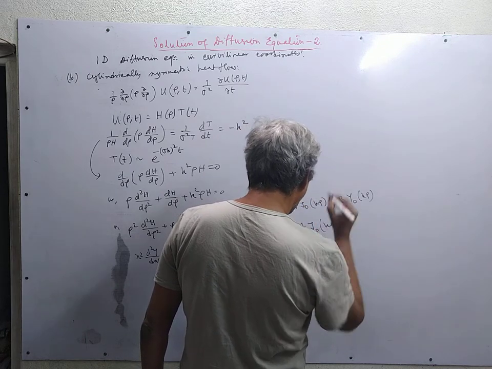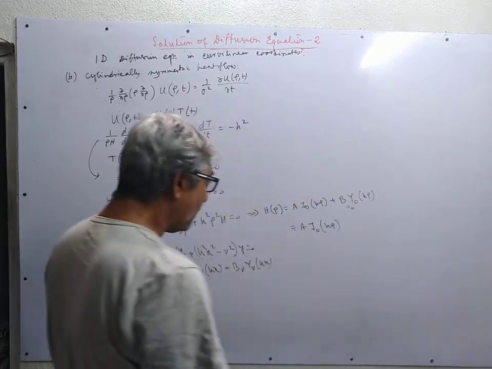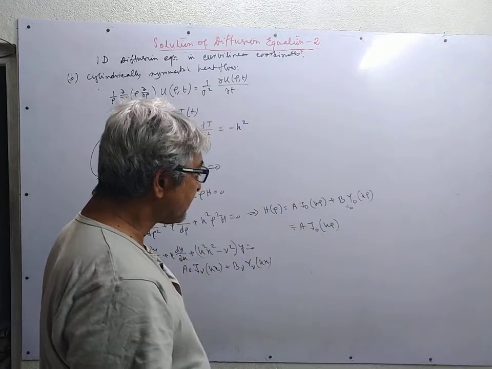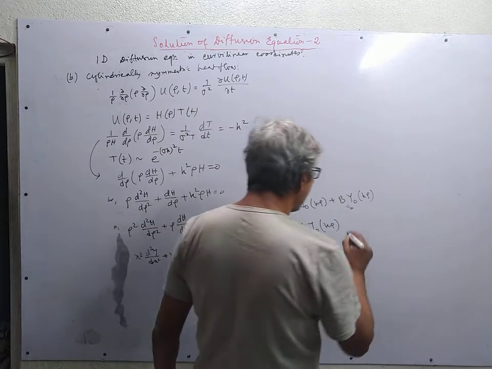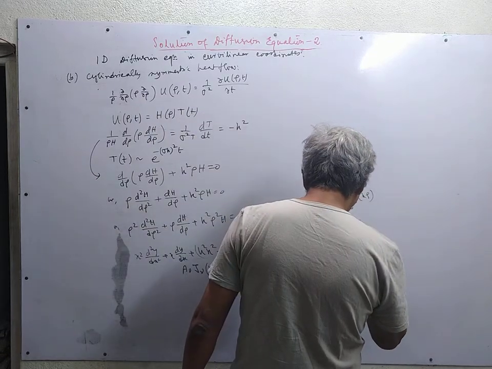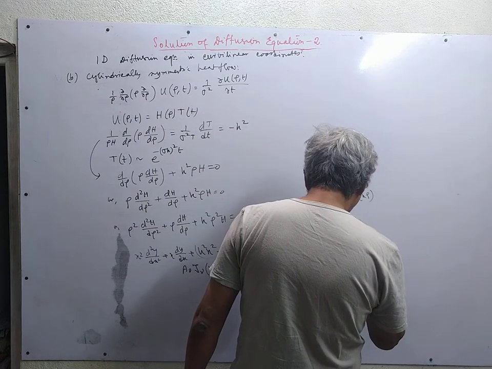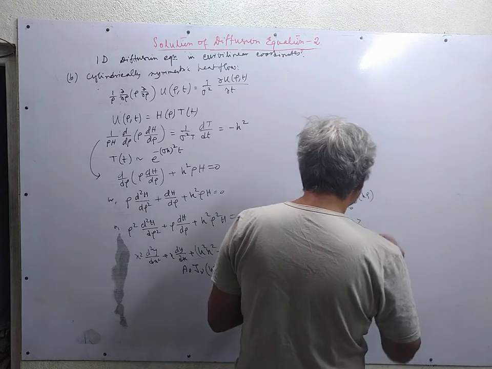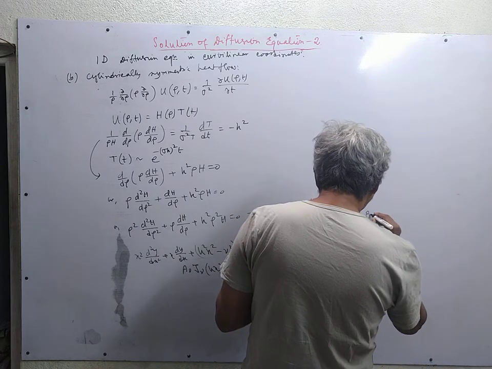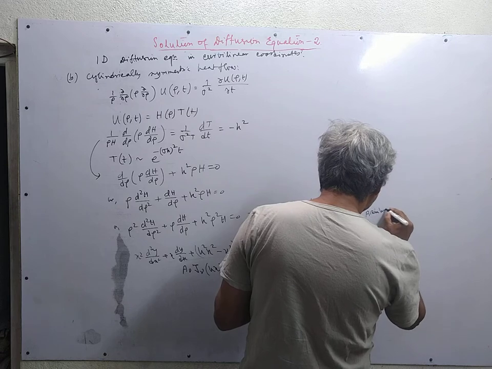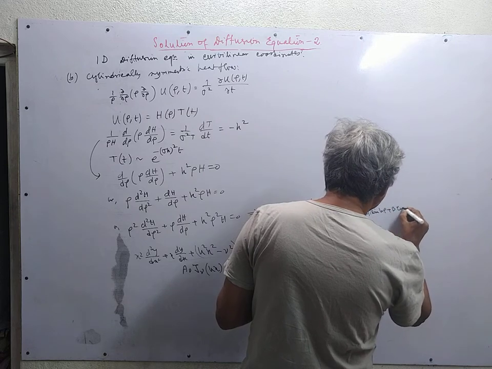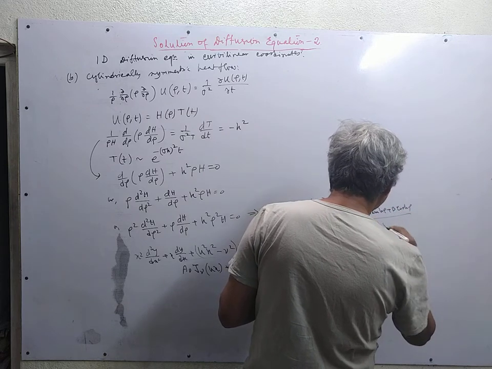The equation becomes a J0 of k rho. And if we consider very high values of rho, as rho tends to infinity, then this is a sin k rho plus b cos k rho by root rho.